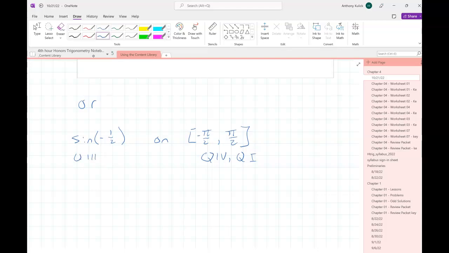So quadrant 3 and quadrant 4. Of those two places, I know I must be in quadrant 4. Everybody's cool with that? For both of those things to be true, sine has to be negative, and it has to be in either quadrant 4 or quadrant 1.